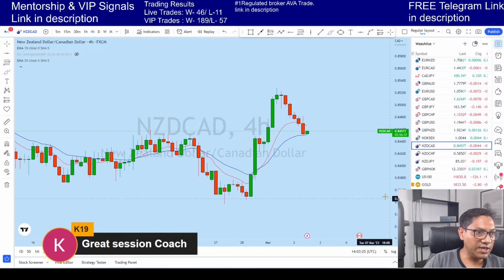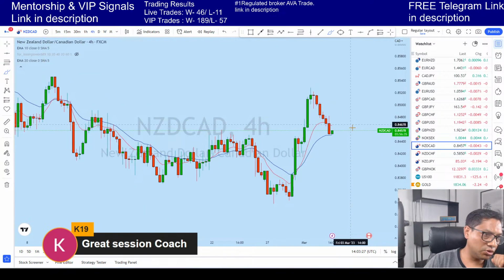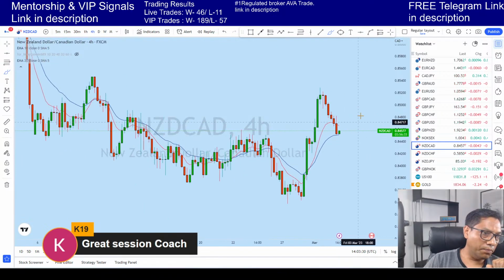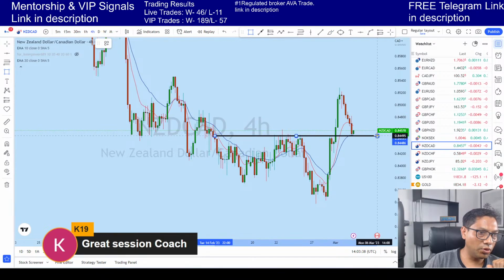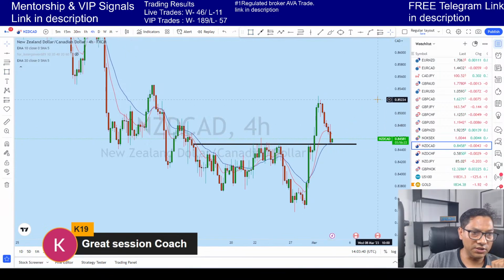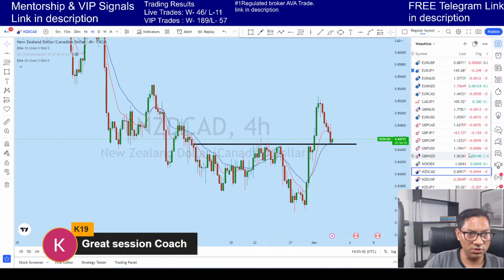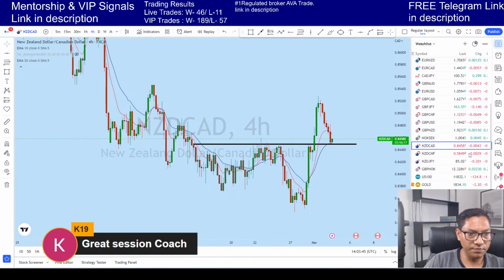Like the NZD CAD, what I see is that NZD CAD also might be going bullish from here, because if you look closely, we saw initially a drop, but the price has come to a very important level of support, and from here this market is just starting to be bullish.